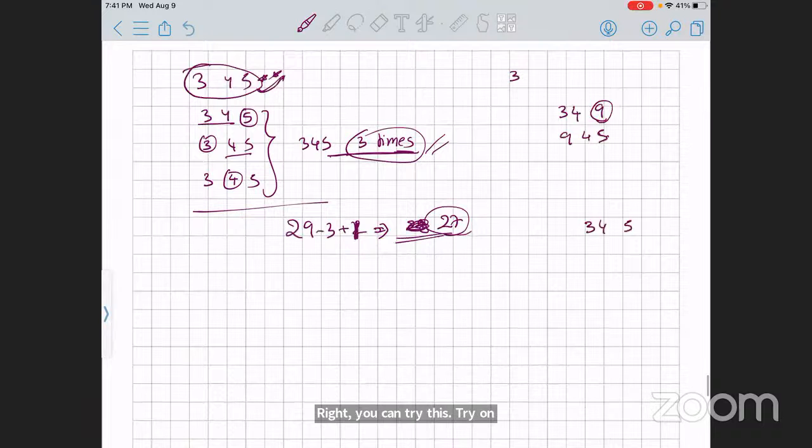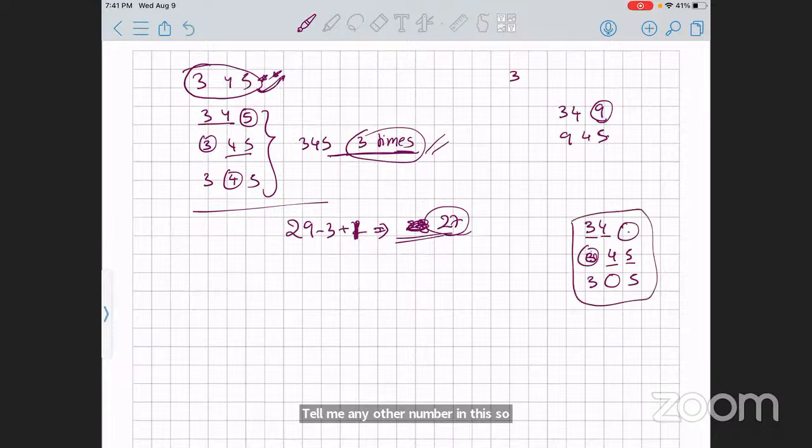Here it is 5, here 4, 5, and it is 3, 5. Now tell me any other number, other than 3, 4, 5, that is possible. Can you form any three with this? You can try. It is not possible. Clear, everyone?